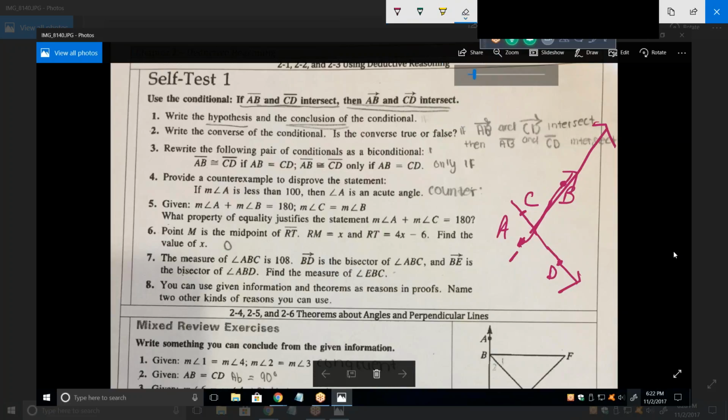And can I draw the rays so that the rays intersect but the line segments don't? I don't think so. You tell me here, since I'm a little unfamiliar with the terminology. Does ray CD intersect ray AB? Well, can't C go on the other side too?